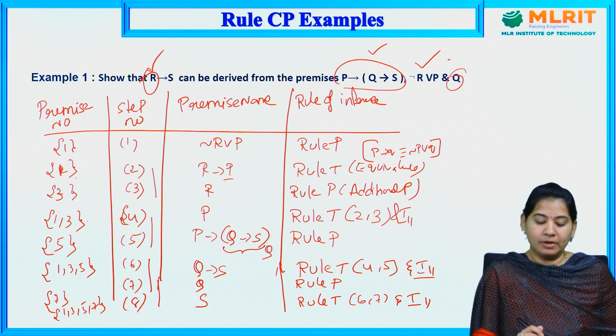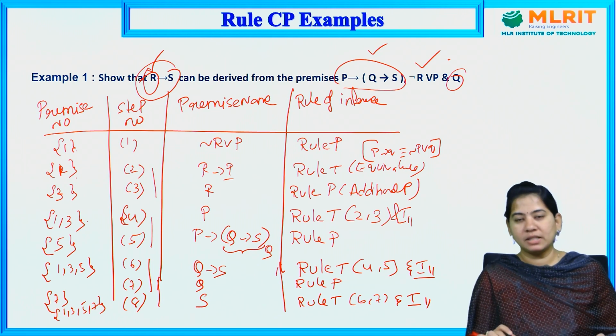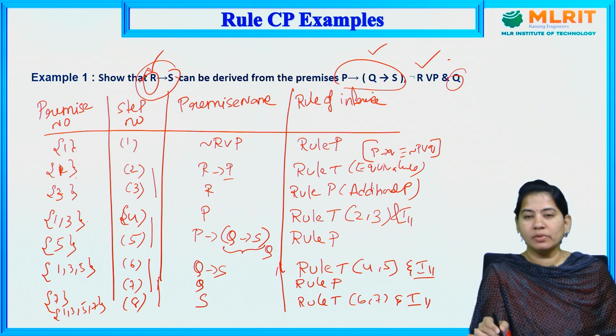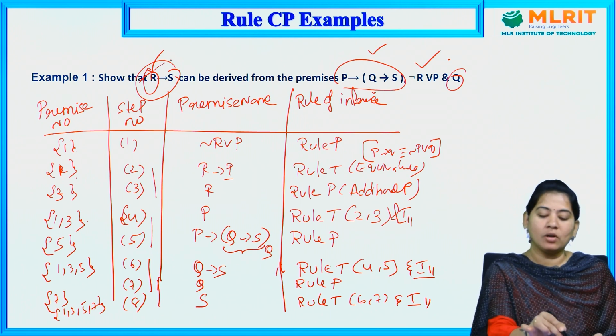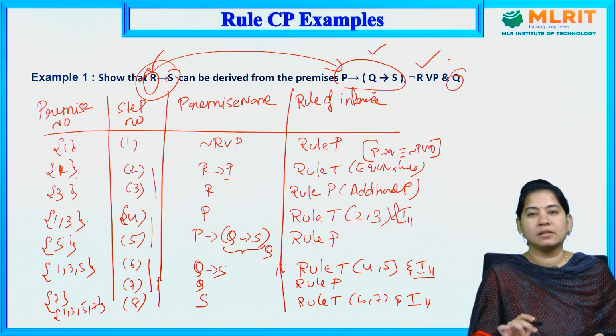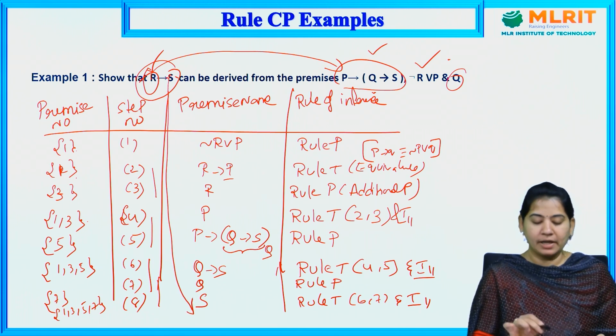Here if we observe, what is our conclusion? Basically R implies S. Now we need to solve along with the given premises. This R also should be added as an additional premise, and we need to solve until we get S. This S itself is our conclusion.